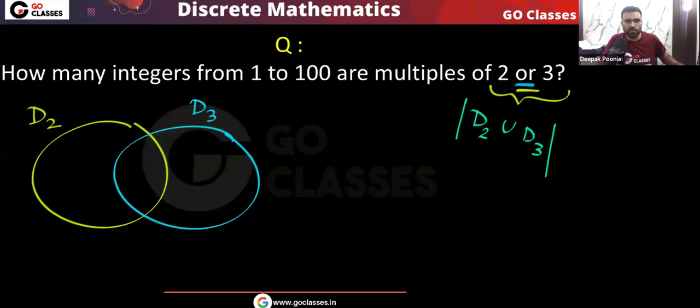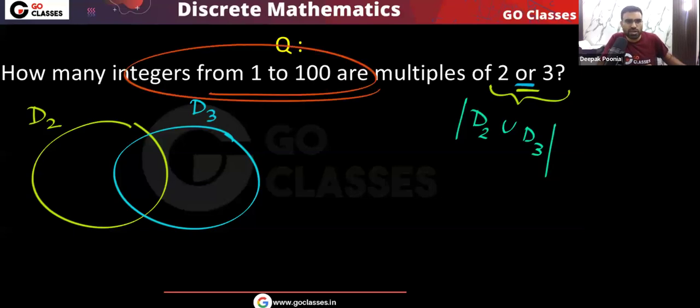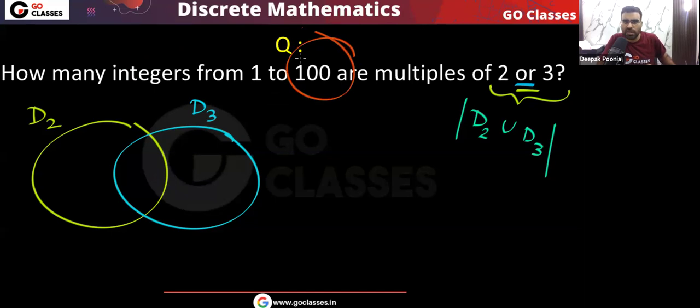One more thing I want to tell you: here it is not given whether I should consider 100, whether I should consider 1. By default, if nothing is given, it simply means inclusive.